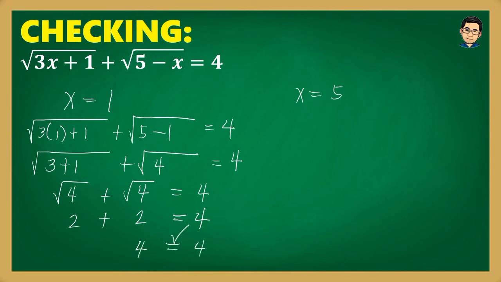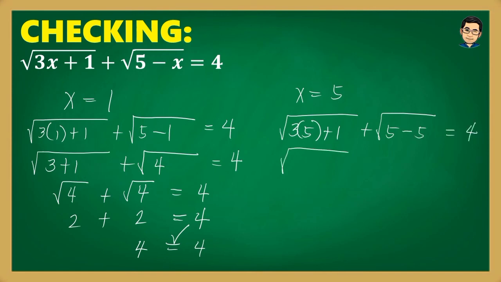Next, x is equal to 5. 3 times 5 plus 1, then plus the square root of 5 minus 5 equals 4. So, the square root of 3 times 5, that is 15, plus 1, plus the square root of 5 minus 5, the square root of 0, equals 4.